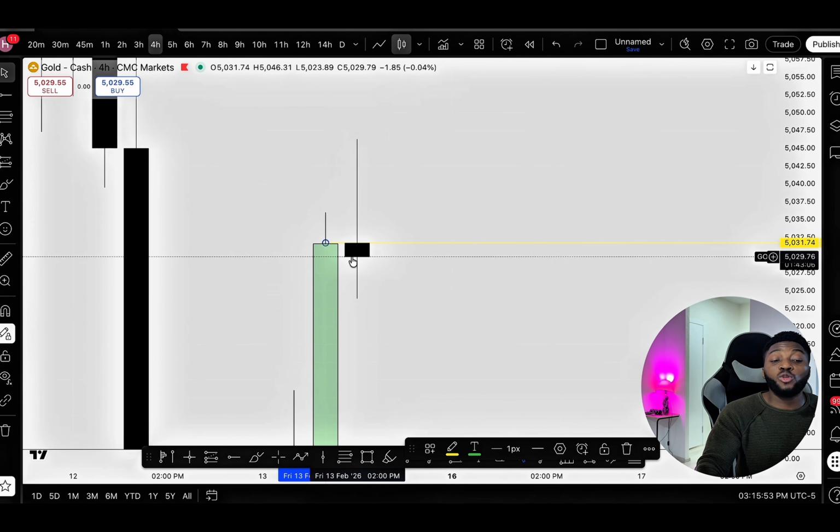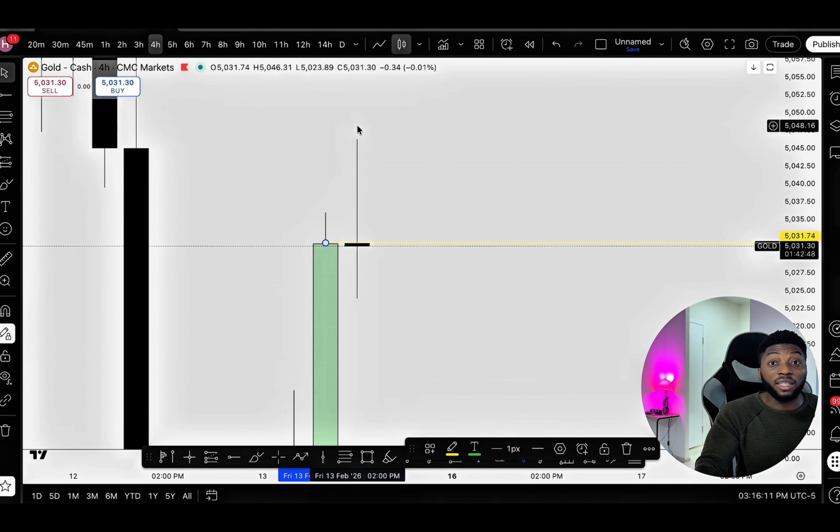Since it's still going, we cannot say the closure yet. For now, this is it, but this thing can still change, because if this market pushes all the way to this level, it creates a new high, which is likely to happen. You can see we are in a 4-hour time frame. We still have about 2 hours to go for it to close.